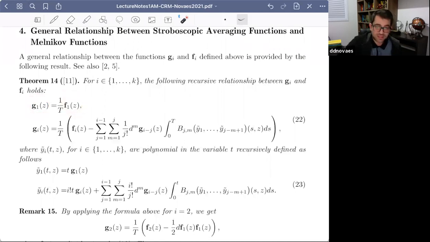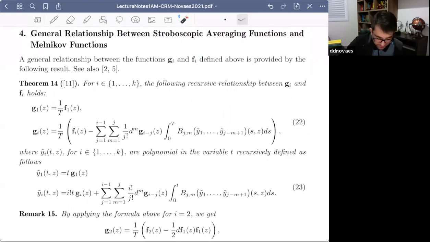Okay, so we already have a recursive formula for computing the functions f_i. So assuming that we already know those expressions, then we can obtain a recursive formula for the stroboscopic average functions. Okay, and this formula I'm giving here. I'm not going to explain this in much detail, but it's connecting these two definitions, these two kinds of bifurcation functions.